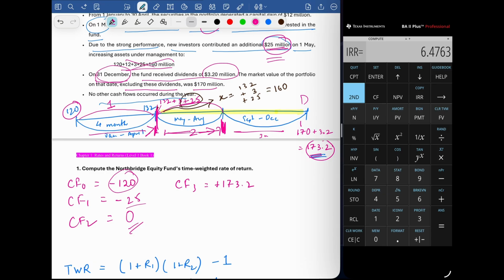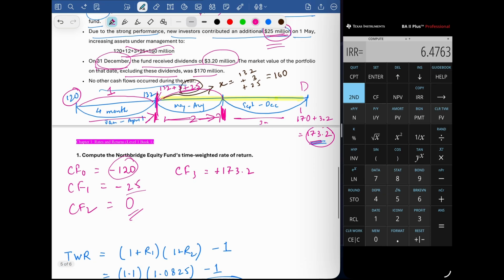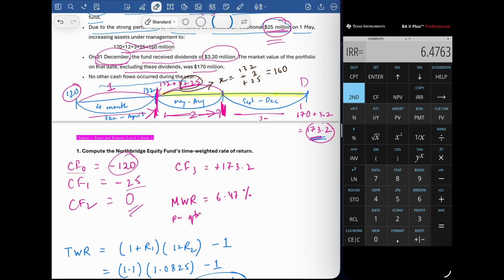So this is the money weighted return value per period.